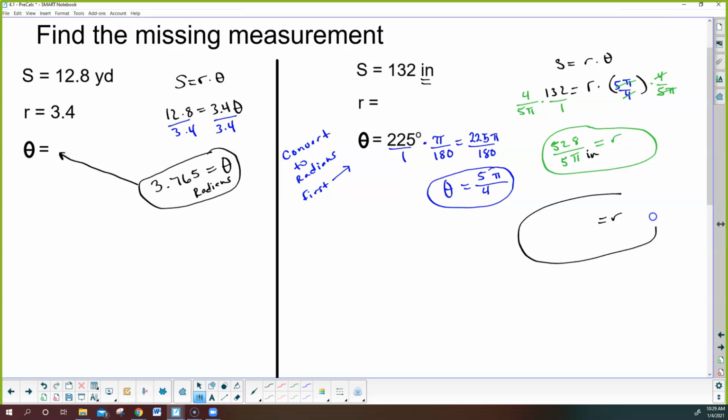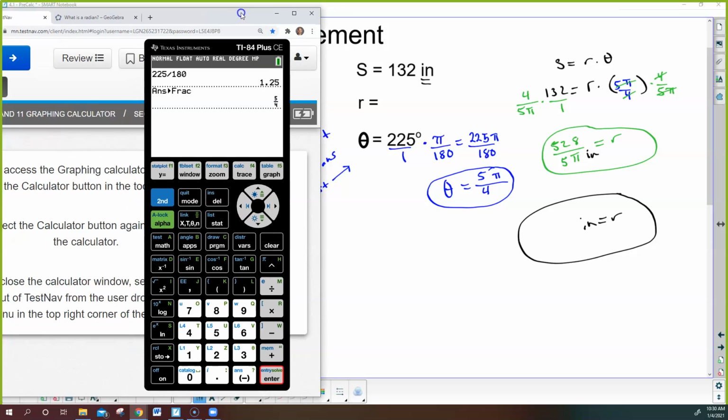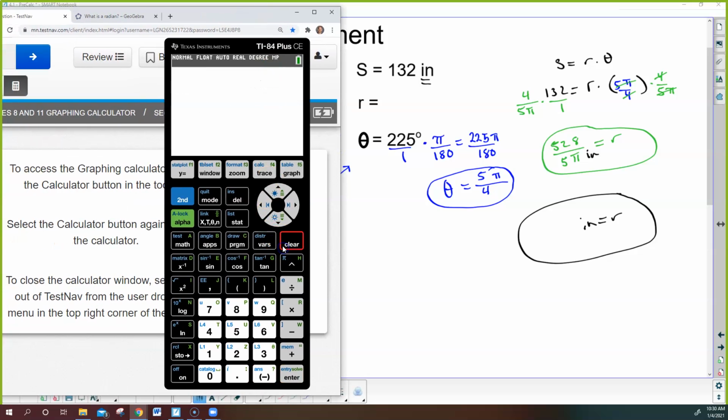If you were actually trying to measure this out, you would want to know what the decimal answer is. So watch what happens when I check this in my calculator. This is where parentheses are really important. What if I just typed it in like this? Now I'll just tell you right away, this is not my answer, but I see a lot of students do this. 528 divided by 5 pi. If I hit enter, I get a number. Cool.